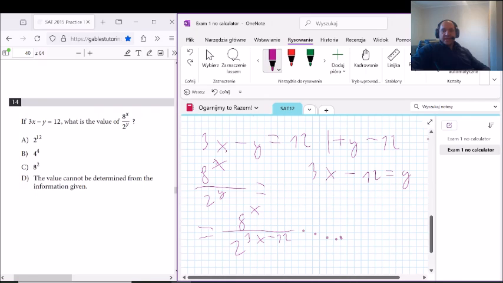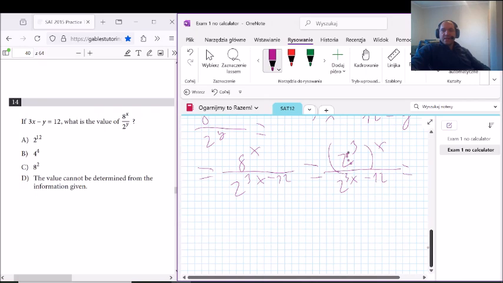Now one more thing, 8 equals 2 cubed. So we can write it like this. And why would we do this? Because now we will have the same basis of our exponentiation. So we will get 2 to the power of 3x divided by 2 to the power of 3x minus 12.